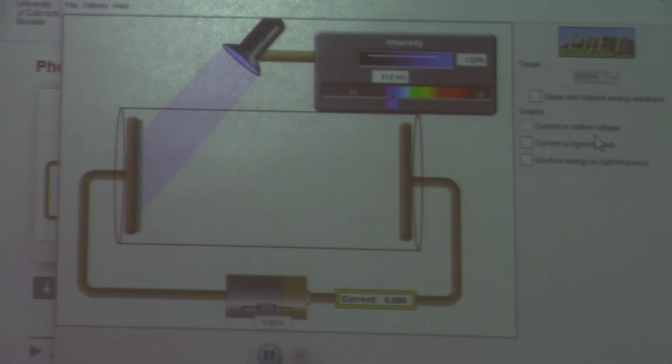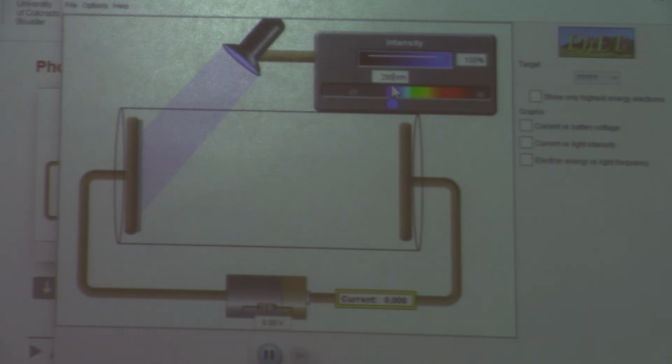So I've got that wavelength set at 419, and I'm not getting any electrons kicked out. So whatever the work function is for this metal has to be more than the energy of the photons that are striking it. So what I'm going to do is drop my wavelength down to 285.